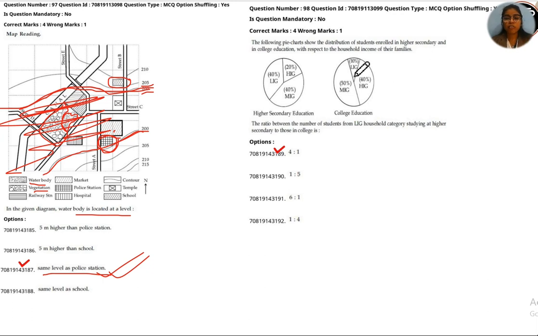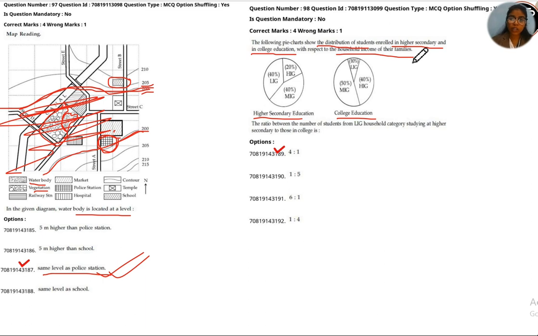Next question is, the following pie chart shows the distribution of students enrolled in higher secondary and in college education. Okay, two pie charts are given to you in which the percentage of students enrolled in higher secondary education and in college education is given, with respect to the household income of the family.